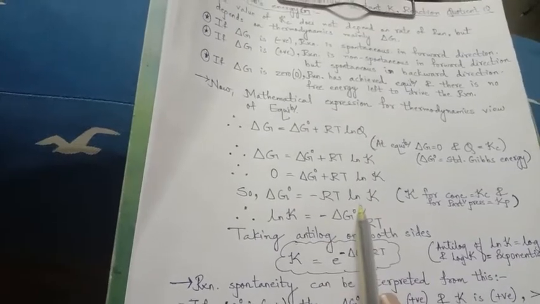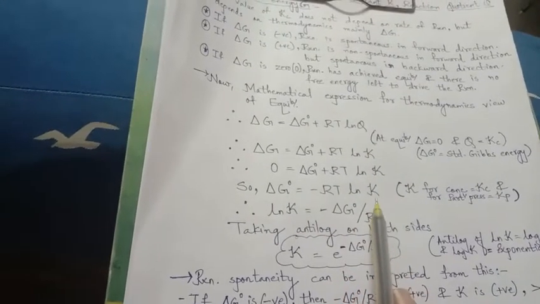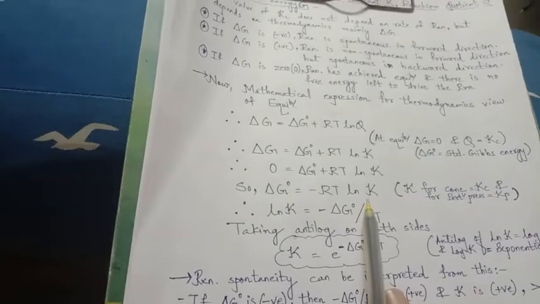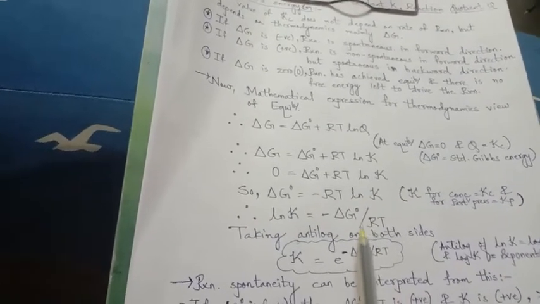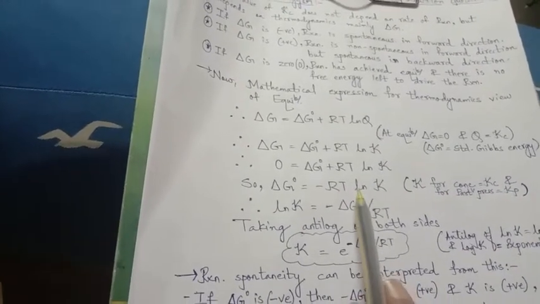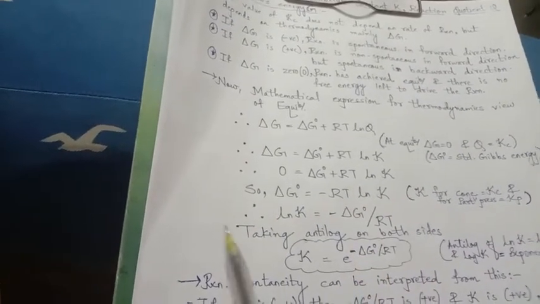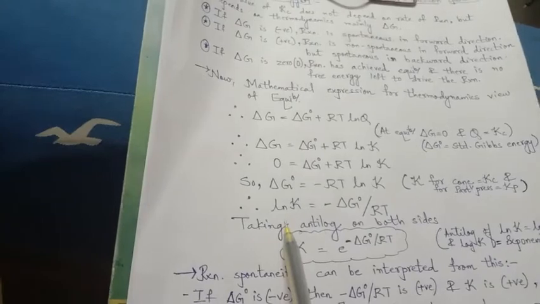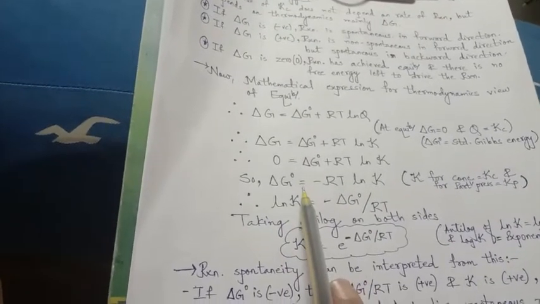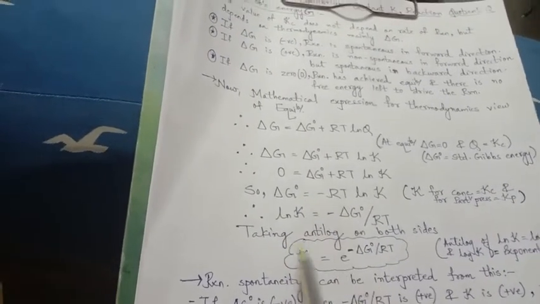And now we need to convert the natural logarithm to the logarithm, so we separate the natural logarithm term, and that is ln K is equal to minus delta G naught upon RT.